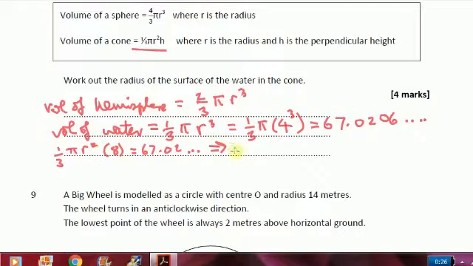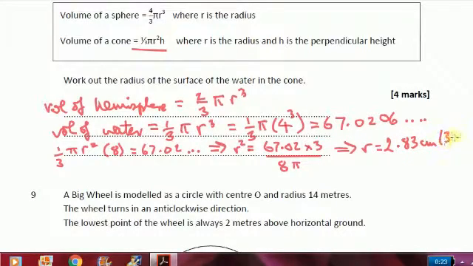From that, we can get r squared equals 67.02 times 3, divide by pi, and divide by 8. That's r squared, actually. So from that, you can now use your calculator and get the answer for r. And when you do that, you find it's about 3, I'll just say 3 significant figures.